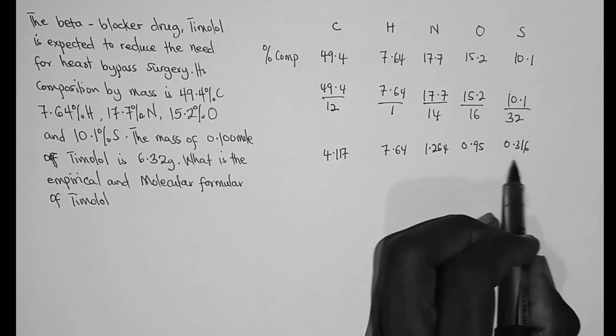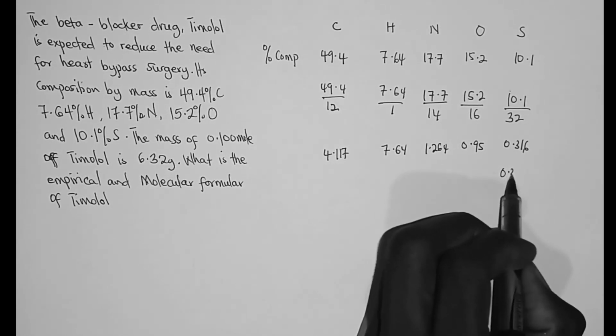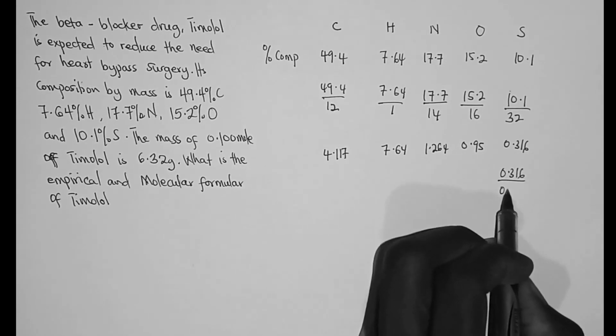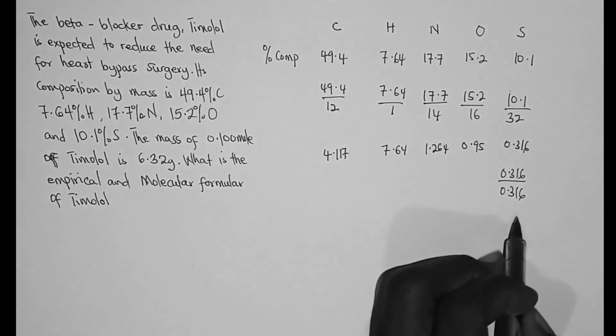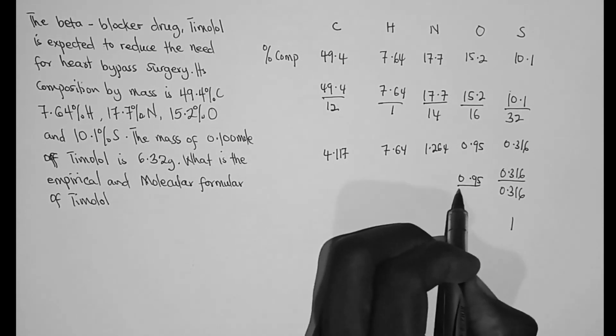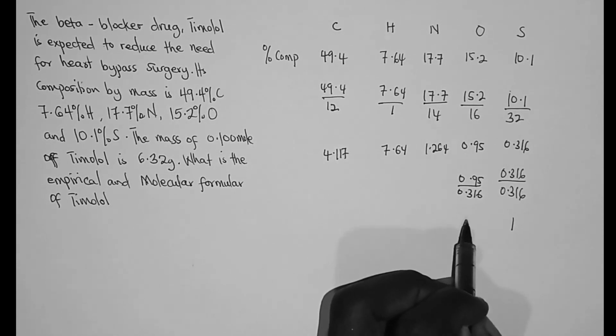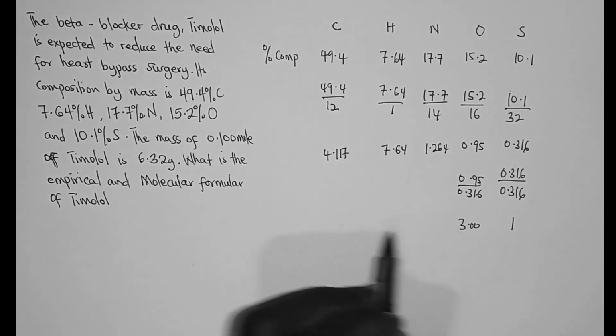The smallest here is 0.316. So here's 0.316 divided by 0.316, and this is equal to 1. 0.95 divided by 0.316 in this case, and this is 3.00.